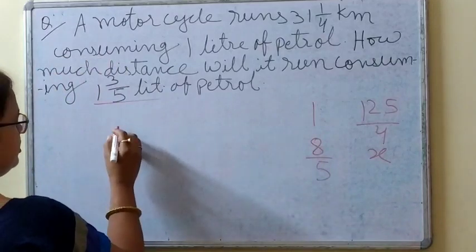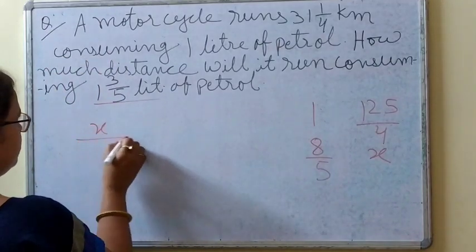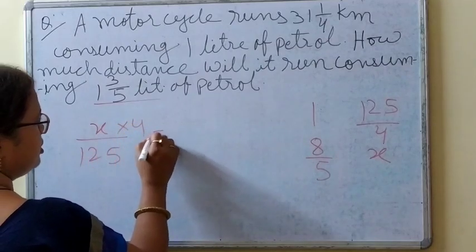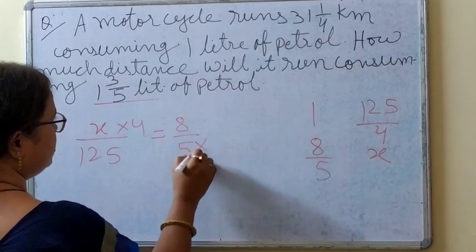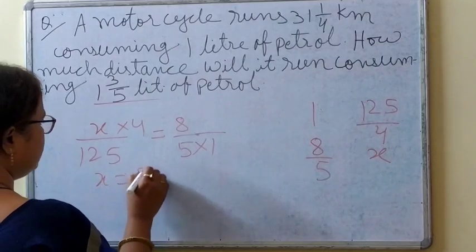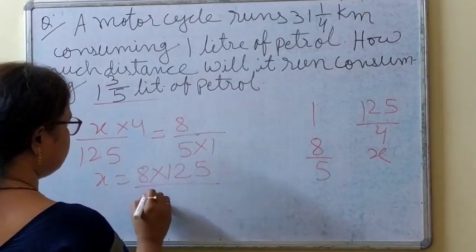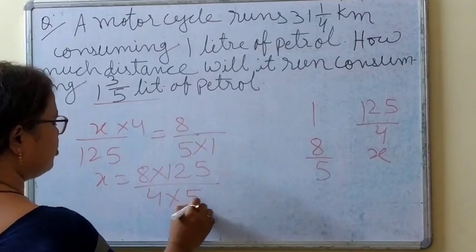So we can write here x by 125/4 is equal to 8/5 into 1. Okay. So the value of x will be what? 8 into 125 by 4 into 5.